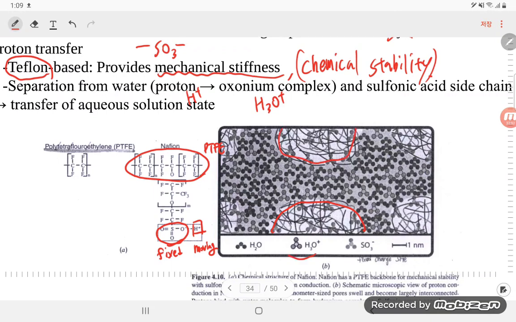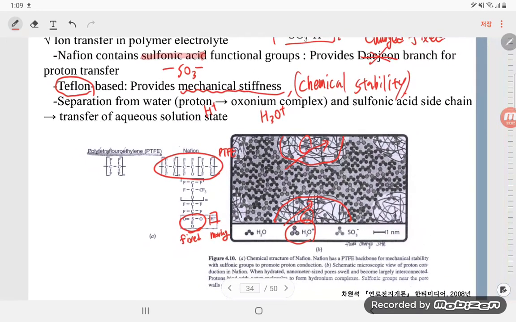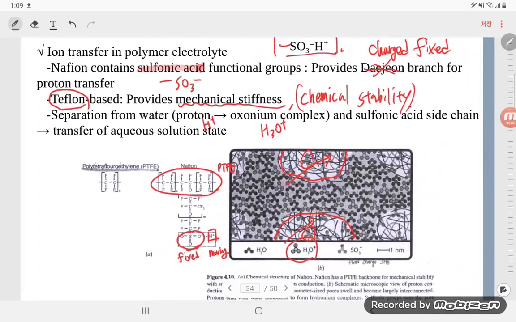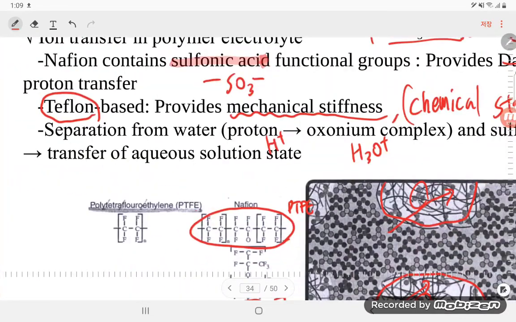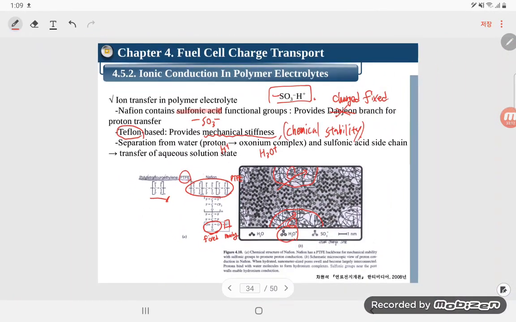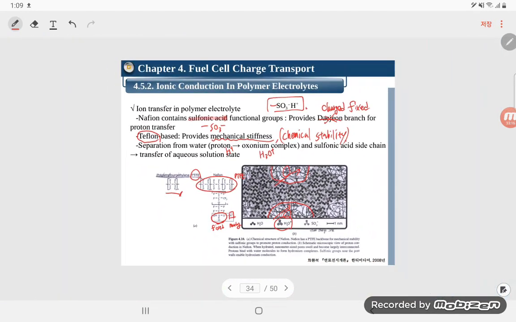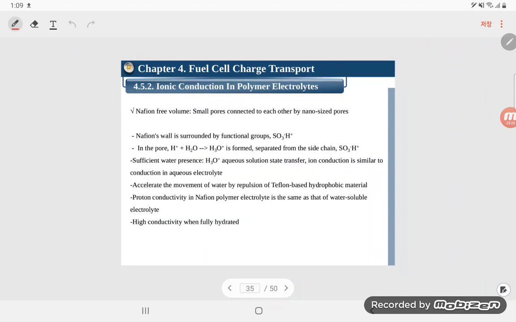So this oxonium ion in here moves through this channel with the interaction of the fixed charge site. There is an explanation. PTFE is this one. So this is the principle for the proton transfer in the polymer electrolyte.